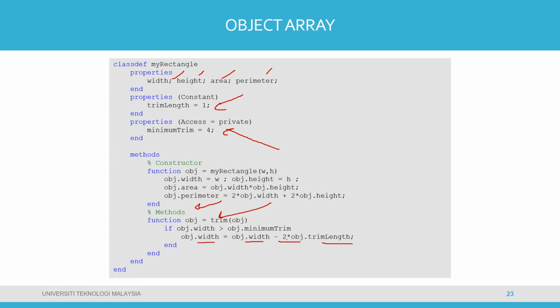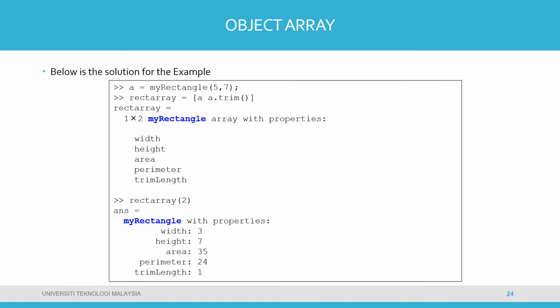So this is if you want to call the trim function. Let us do the next slide. Remember that I said you have to insert the value first. A equals my rectangle, so basically you insert the value of width and height. Rectangle array equals a trim.